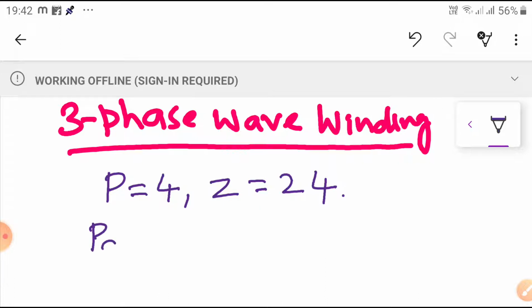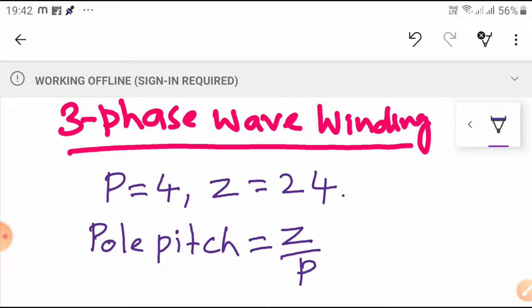The pole pitch is equal to total number of conductors by number of poles, that is 24 divided by 4, 4 pole machine, 4 sixes are 24. So, we are going to get 6 as the pole pitch. That means each pole influences 6 slots, 6 conductors.